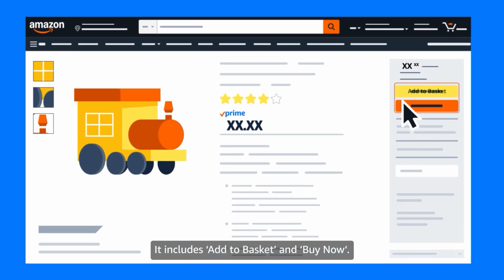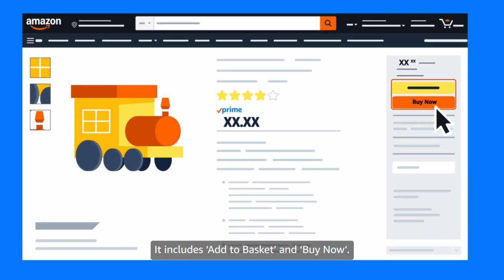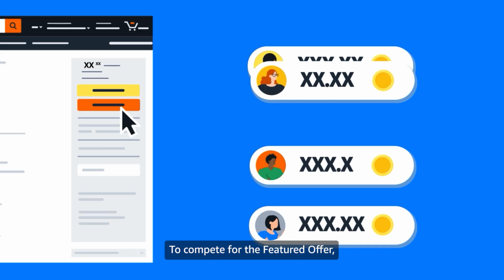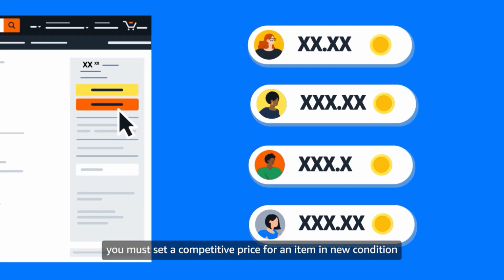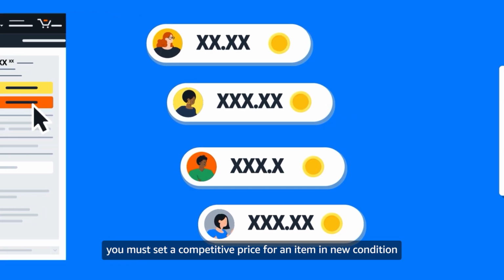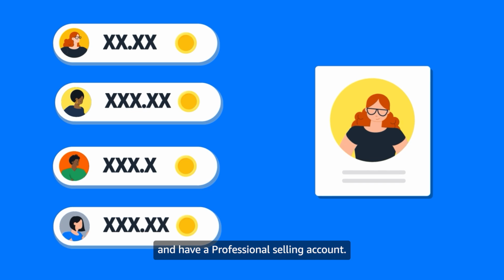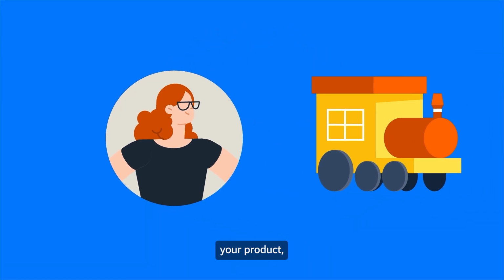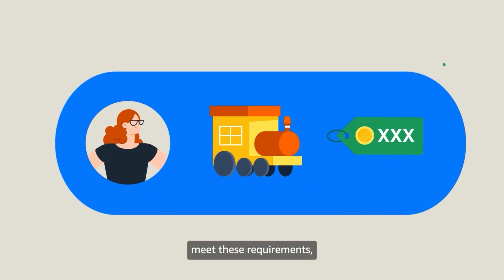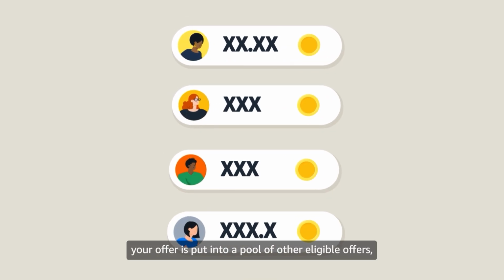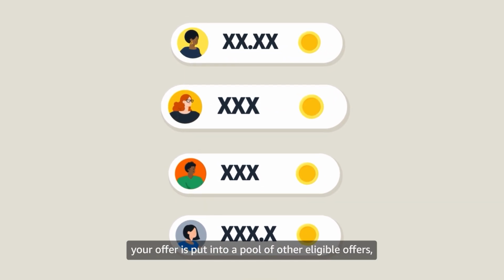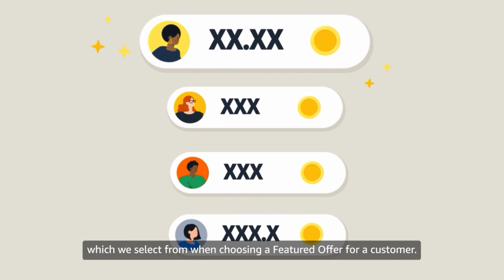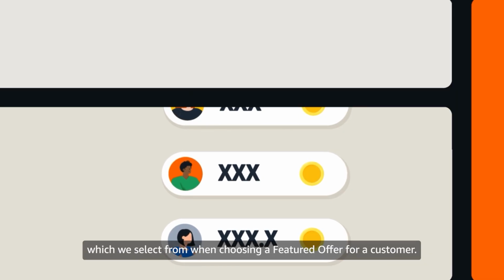It includes add to basket and buy now. To compete for the featured offer, you must set a competitive price for an item in new condition and have a professional selling account. If you, your product, and your price meet these requirements, your offer is put into a pool of other eligible offers, which we select from when choosing a featured offer for a customer.